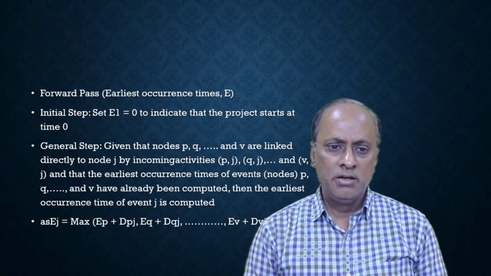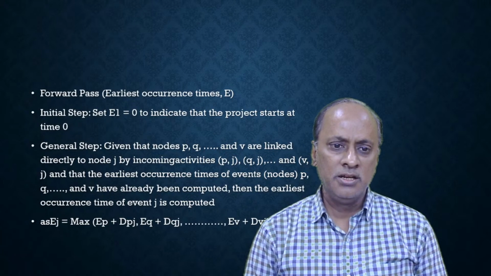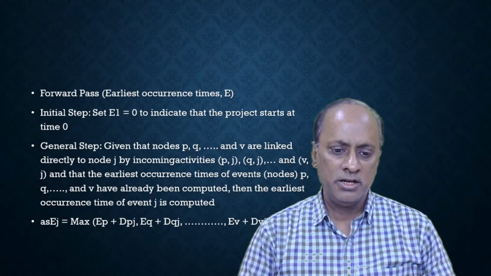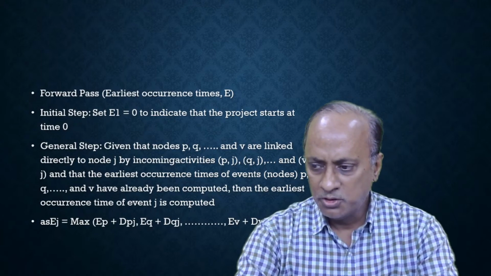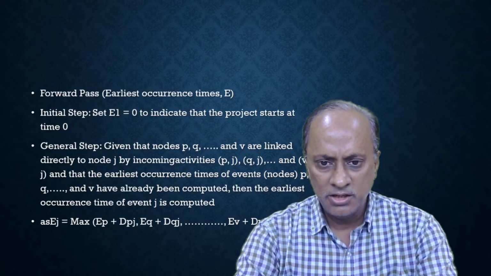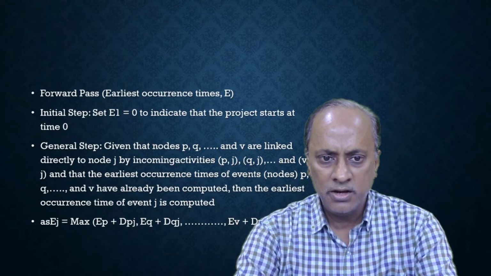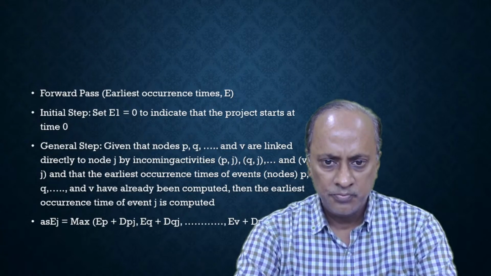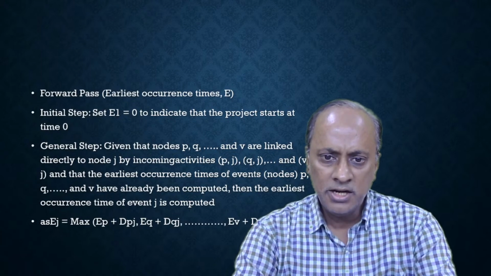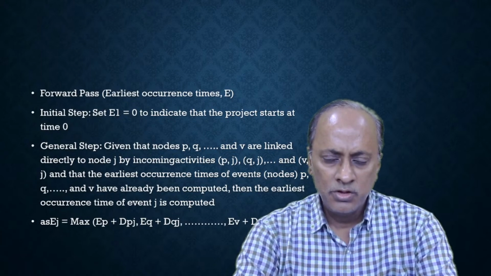Suppose the work duration of A is 3 and the work duration of B is 4. How do we calculate EST and EFT? Suppose A is the starting activity; it has no predecessor activity. We can immediately say that the EST of A is equal to 0 and the EFT of A is 0 plus 3, which is equal to 3. After that, we look at which activity has only one predecessor activity.